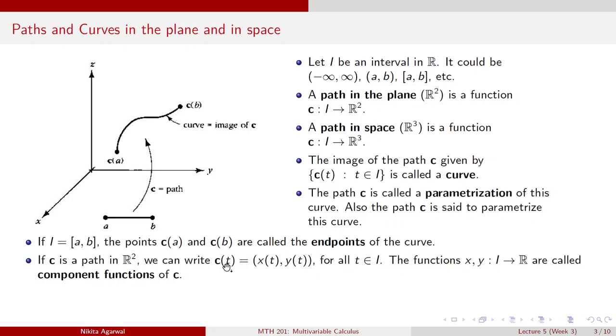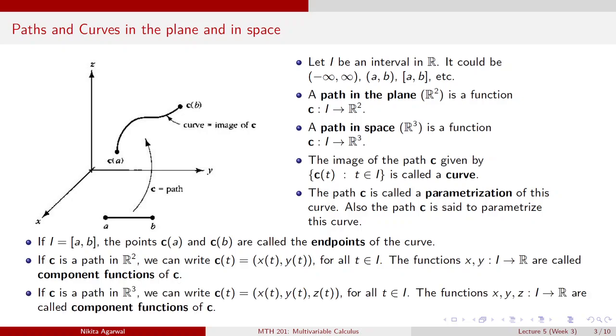Because this is dependent on t, let us show that dependence here also. So if C is a path in R2, meaning that C takes I to R2, then C(t) is equal to (x(t), y(t)), where x and y are functions from I to R, and they are called the component functions of C.